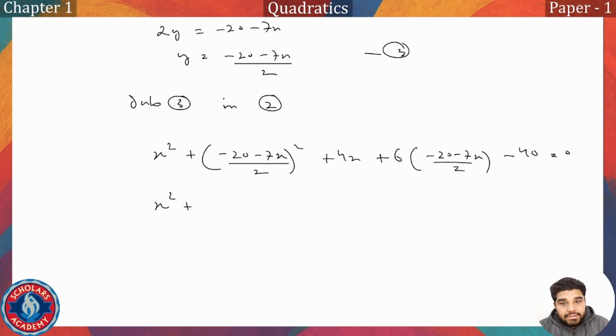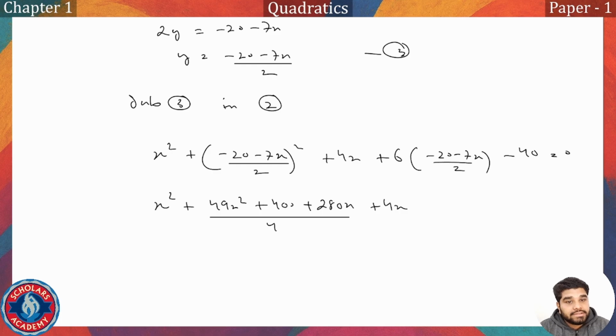So x square plus 49x square plus 400 plus 2 times 20, that is 40, and 4 times 7 is 28. So 280x divided by 4 plus 4x, and 2 cancels out 6, that gives us 3. So negative 60 negative 21x negative 40 is equal to 0.